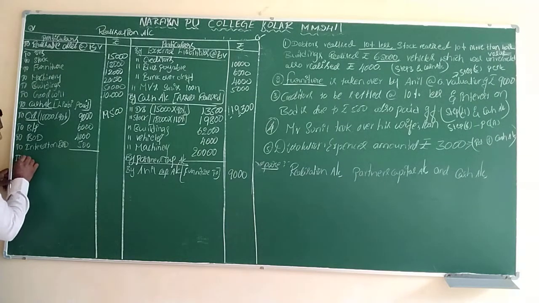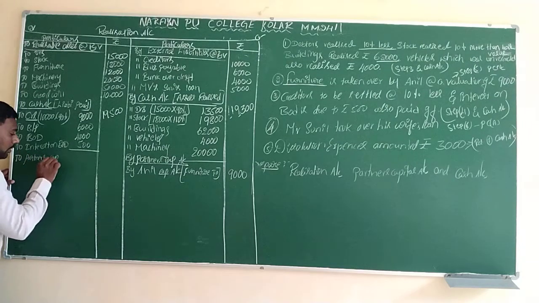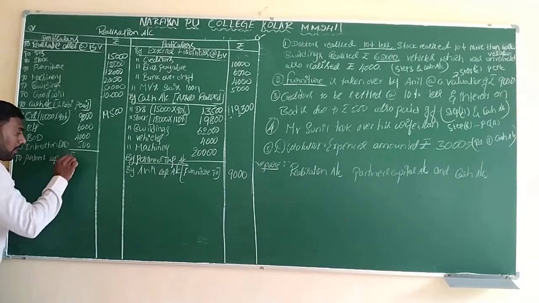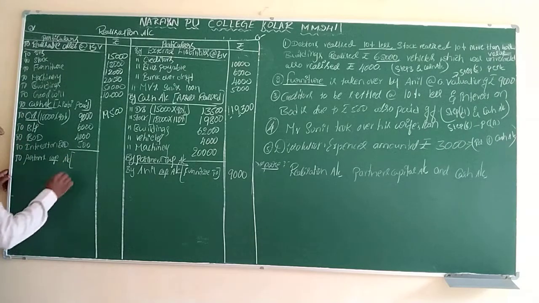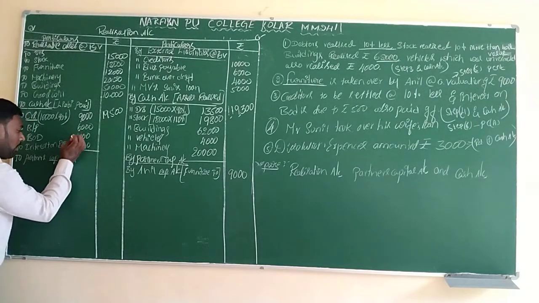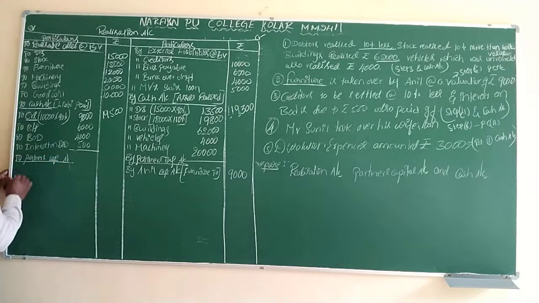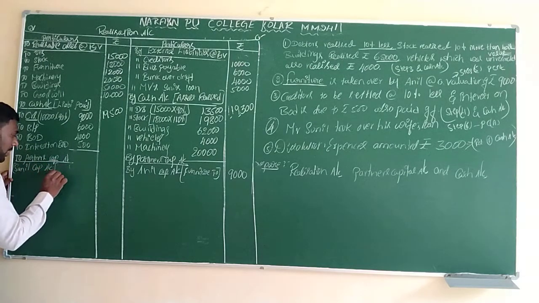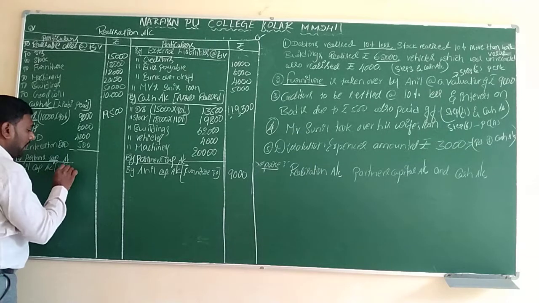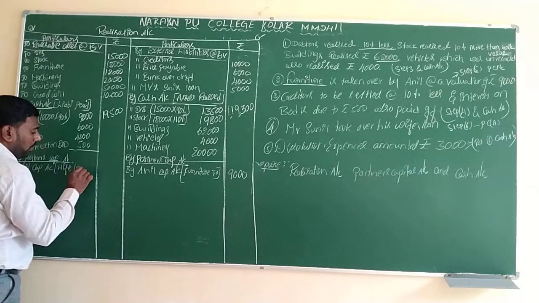We will write to partners capital account. In bracket, what does that mean? Wife loan. So we have to underline this one. Partners capital account. Who has taken over this wife loan? Sunil capital account. In bracket mention wife loan.